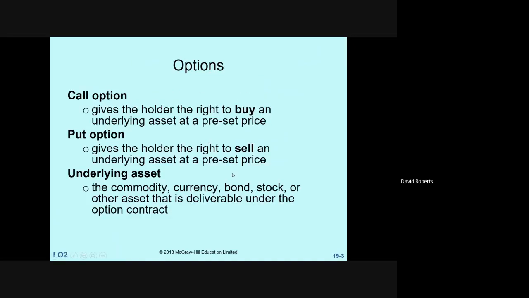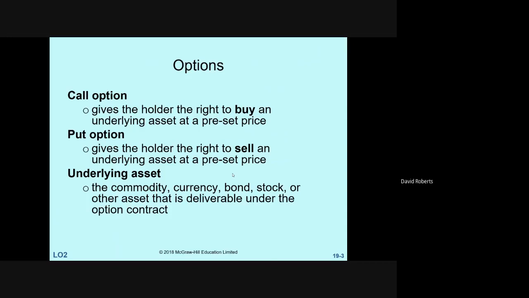So what is an option? An option gives the holder the right to buy an underlying asset. You haven't committed to buying it, but at some point, if you want to, you can buy it at a preset price, no matter what the current price is.